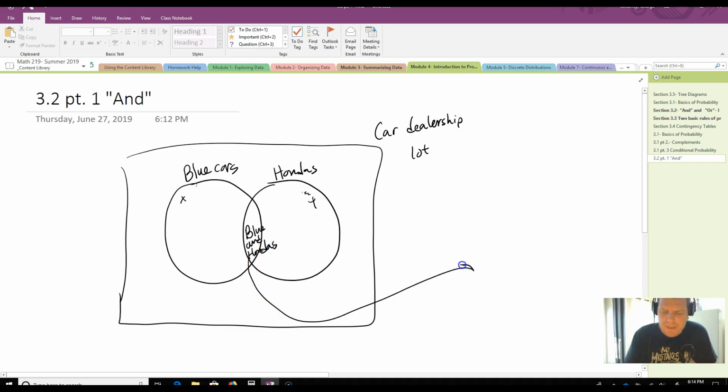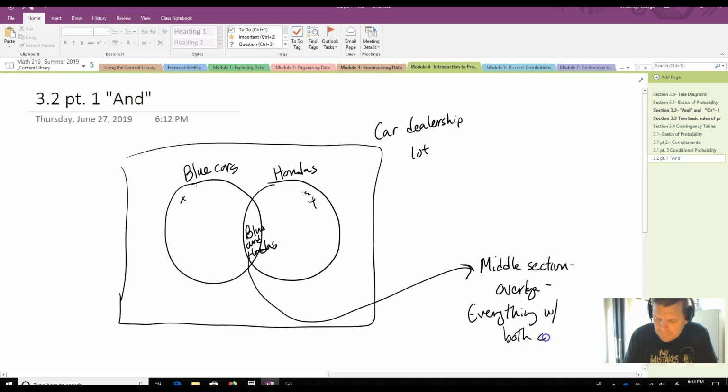So the stuff that's in that middle section, or the overlap, are everything with both characteristics.